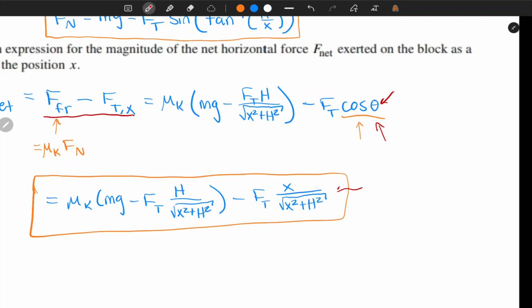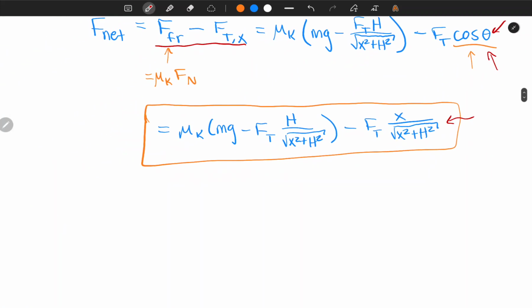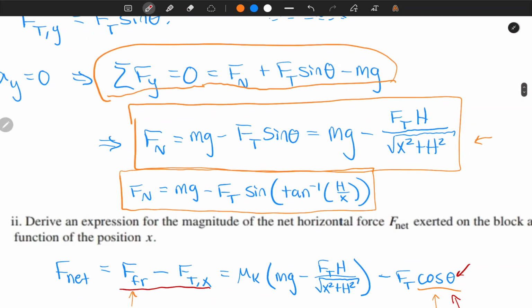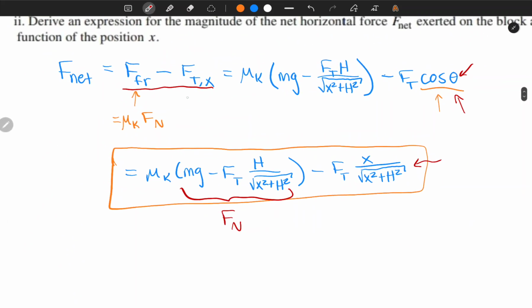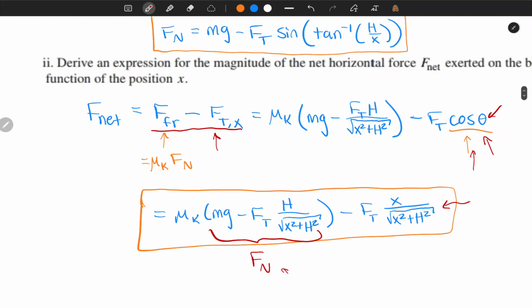So this substitution here is 1 point. And you get 1 point for using the correct F sub N that you found above. So there are a total of 3 points: 1 for the net force in the horizontal direction, 1 for the correct substitution of theta, and 1 for using F_N, the normal force, which you calculated above.